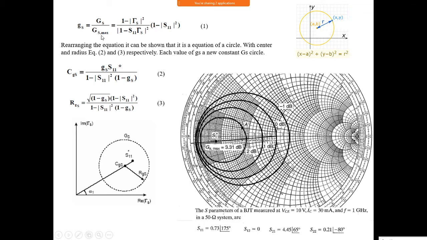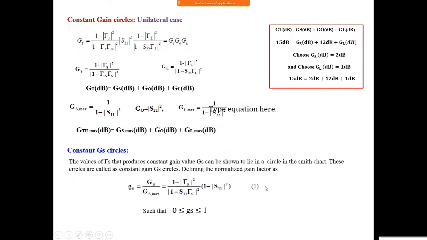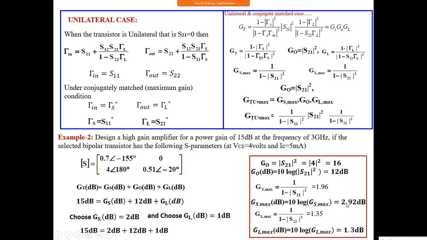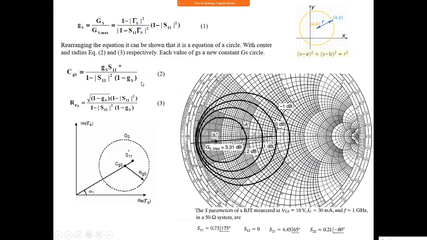We got a GS maximum equal to 2.92 dB, and what we wanted is 2 dB. Now you take that ratio, which is a constant on the left hand side.